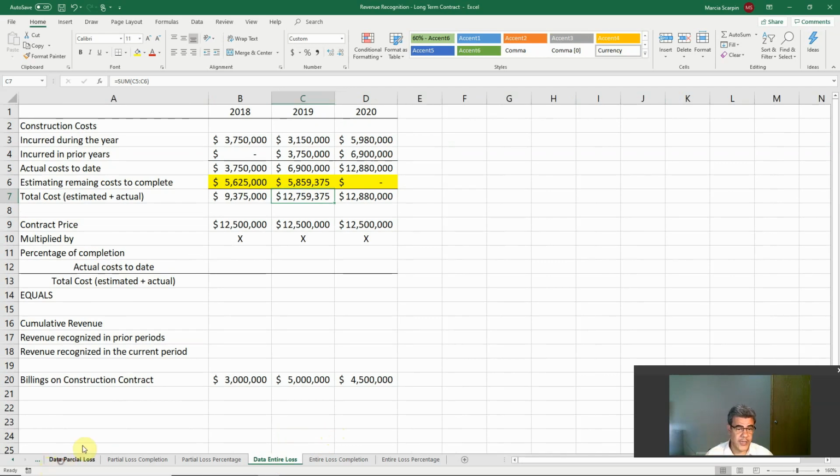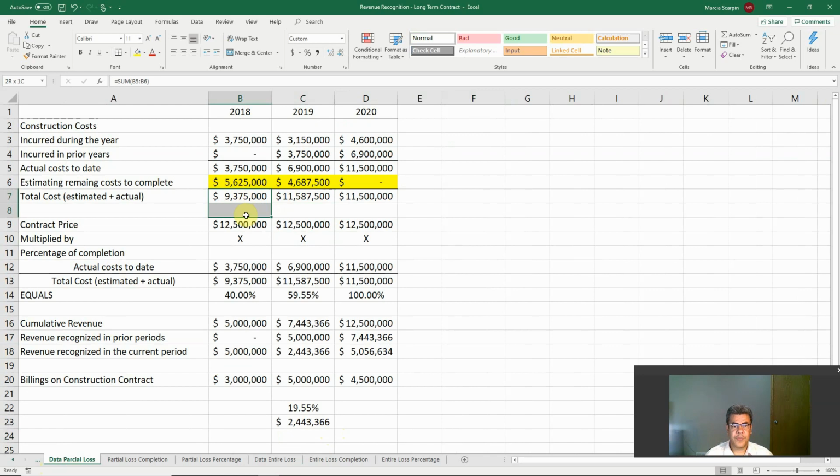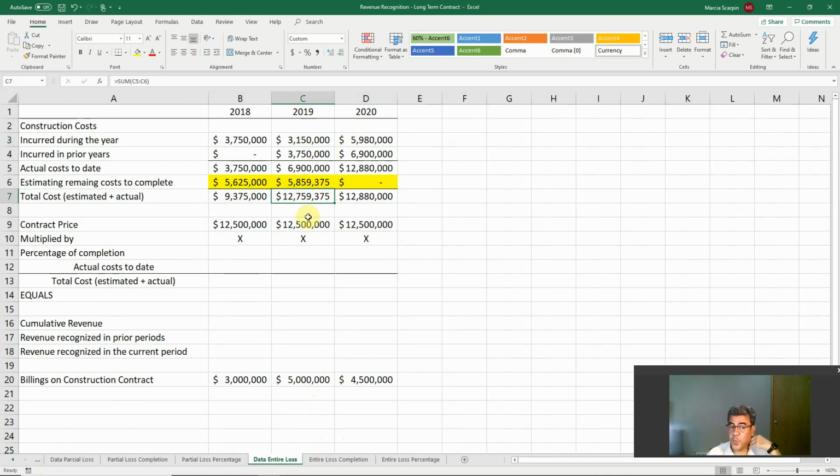It is not just like here that we have profitable, profitable, profitable, but in 2019, when we compare here, we have a loss in 2019 because our revenue 2.4 million, our cost 3.1. However, the contract is profitable. Here, no, we have a loss in our contract.